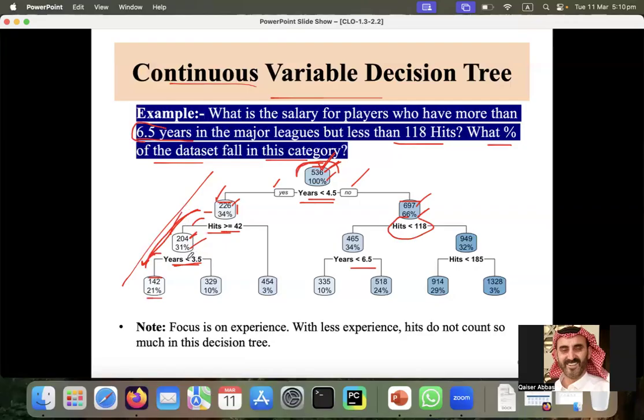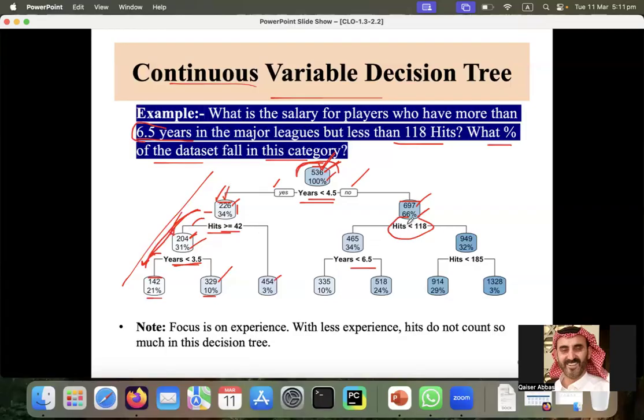Similarly here, if the number of years is greater, then your salary is greater than this one, and it is 10% of this previous step. And if your hits are larger, then the salary is increased, and it is 3% of this previous one.